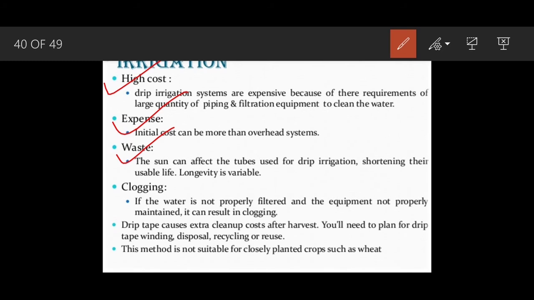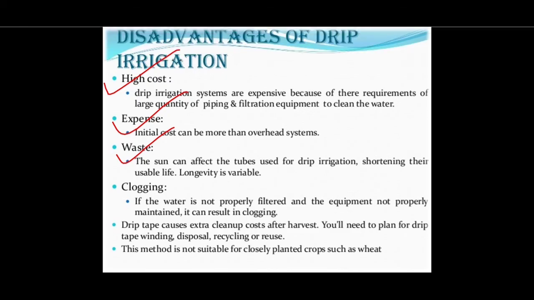So maintenance also needs a lot of money because these pipes are very intricate and thin, which are reaching the roots. So if the heat is very much, then it can affect the pipes and their durability. So these are the disadvantages of drip irrigation.